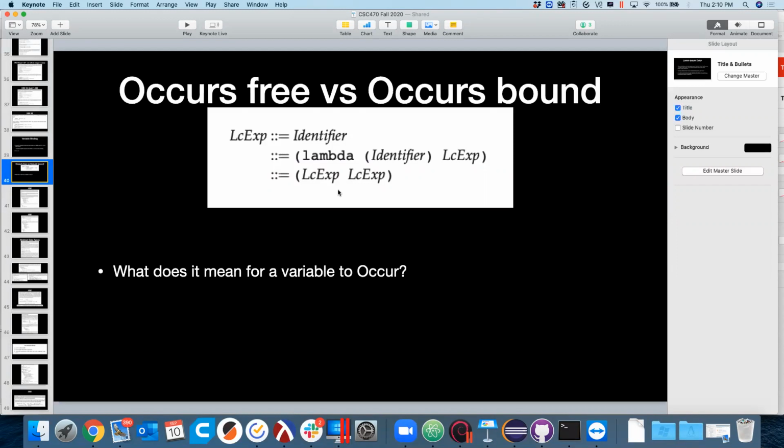So for that second production, how can we uniquely identify that as being that lambda thingy? What would the car of that list be? Yeah, let's go right here. What's the car of this list? Lambda.